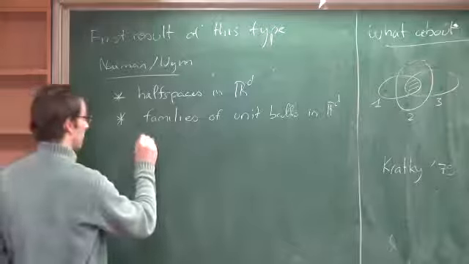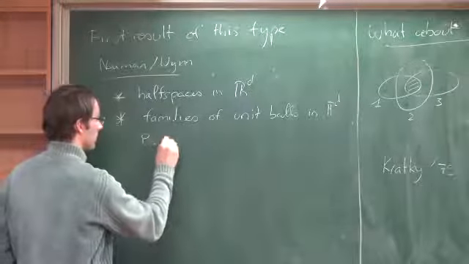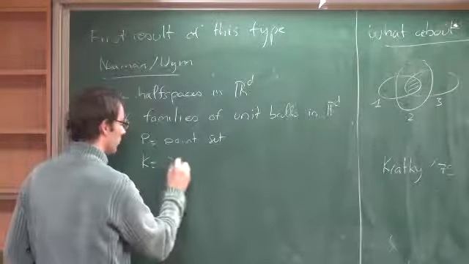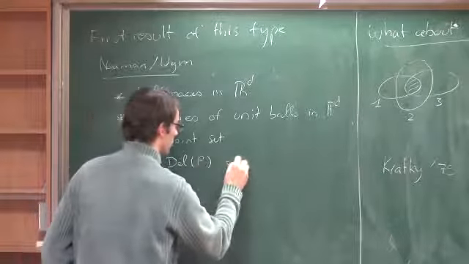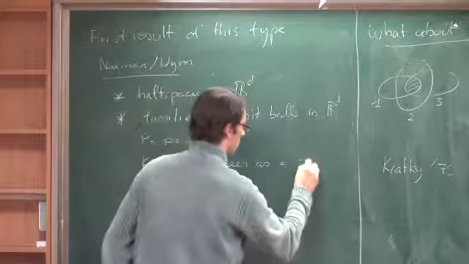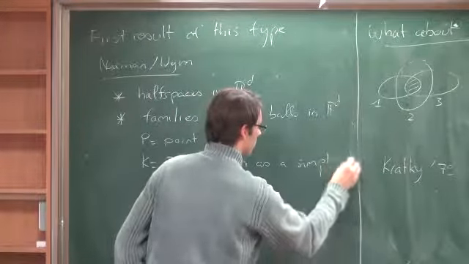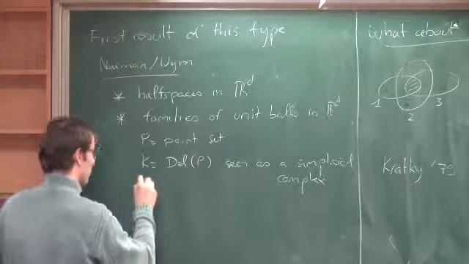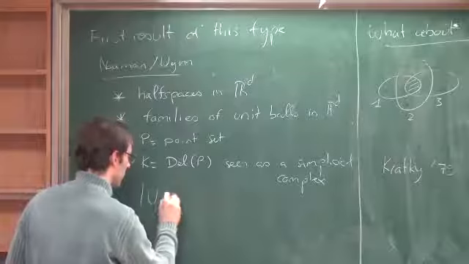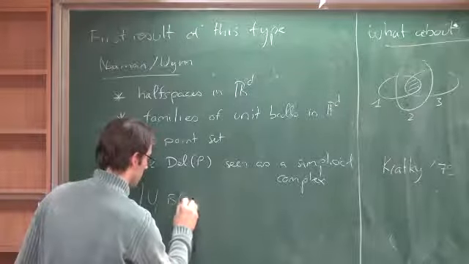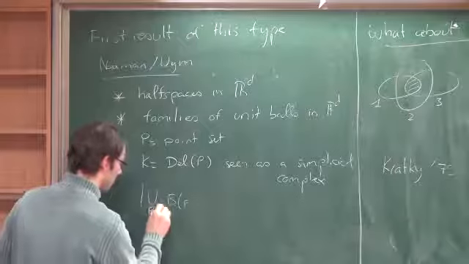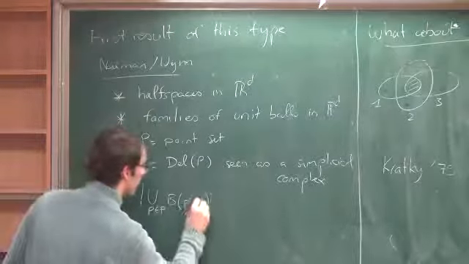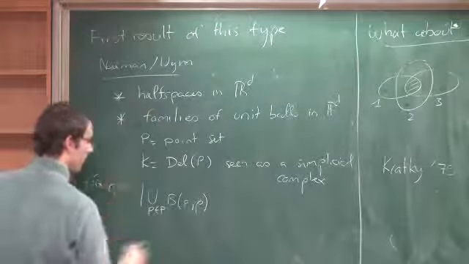Okay, so if P is a point set, if K is the Delaunay triangulation of P seen as a simplicial complex, then the measure of the union of the balls centered at P with radius rho, you fix a radius rho.